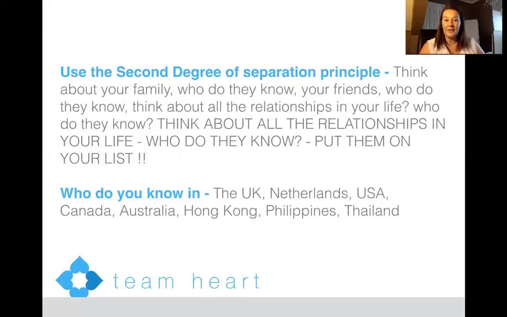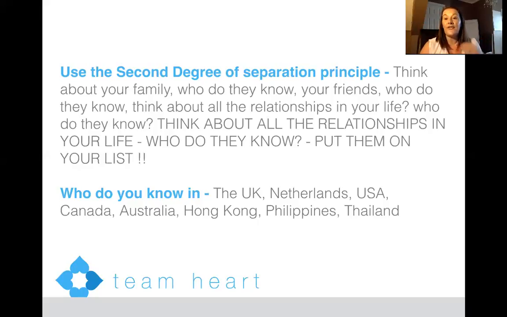Another thing to think about is what countries your business is operating in. For example, right now our business is in the US, Canada, Australia, Hong Kong, the Philippines, Thailand, the UK, and the Netherlands. So also think about who you know in each of those countries.